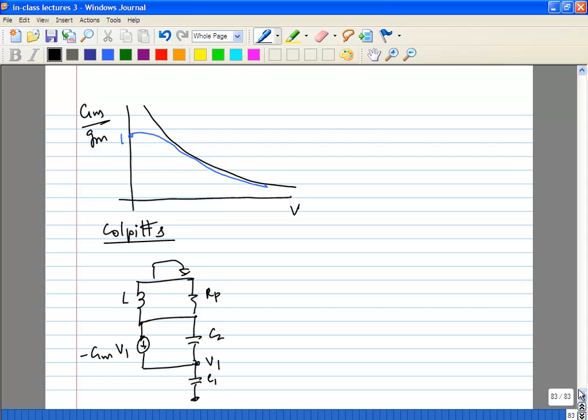So we're going to do the same analysis for this one. Let's say this was some voltage V1, and so you have minus GM V1 here. So you can redraw this slightly differently.